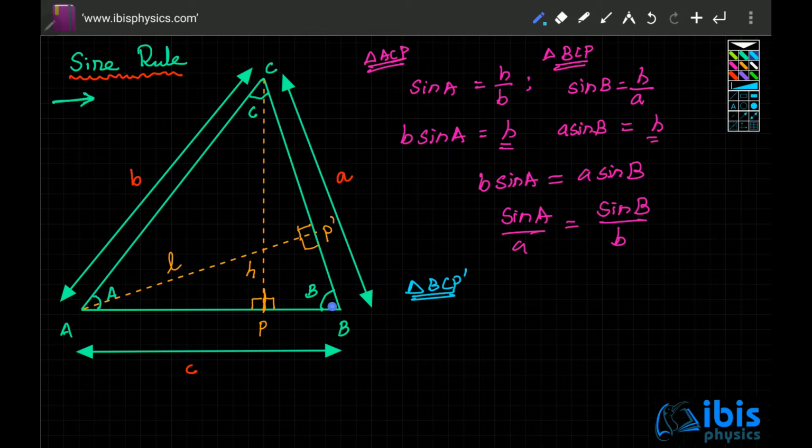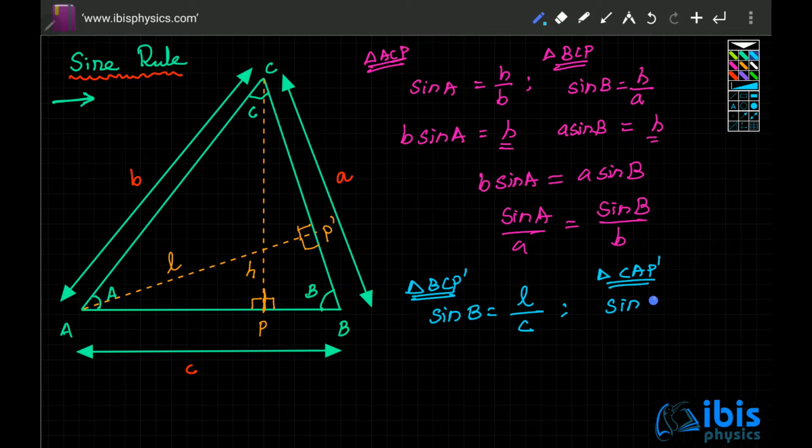In this triangle BCP prime, sine B is opposite side by hypotenuse, because in this triangle this is the hypotenuse, this is the adjacent side, this is the opposite side. Opposite side is l. So sine of angle B is l by the hypotenuse, and this side BA is actually c. At the same time, in this triangle CAP prime, this angle is C, right? C's opposite side is l.